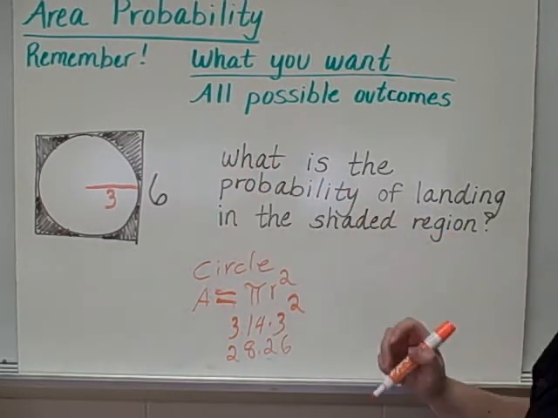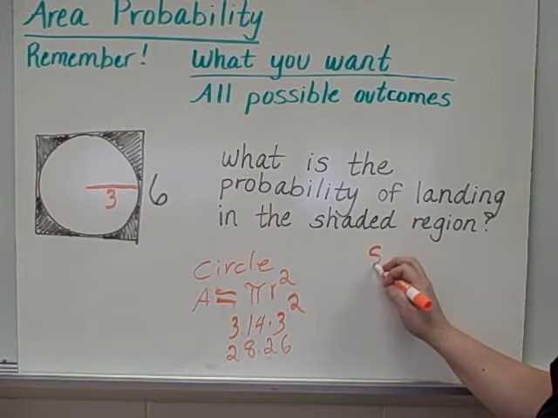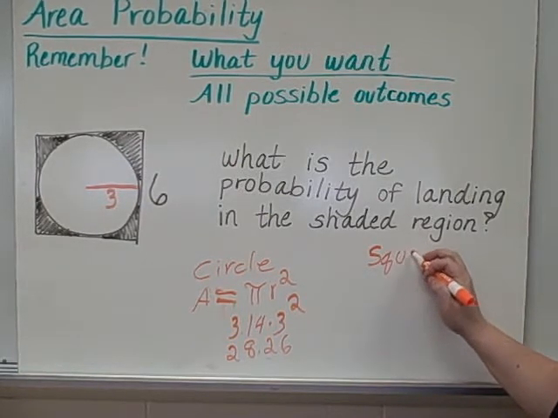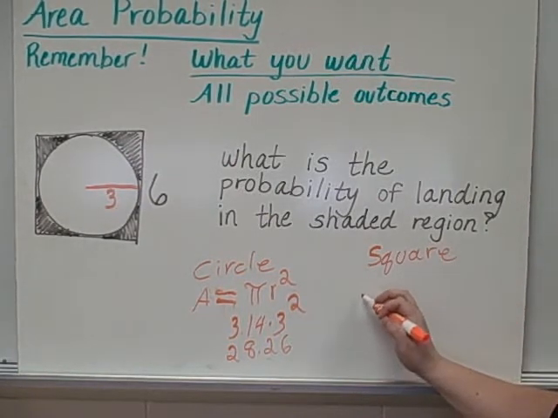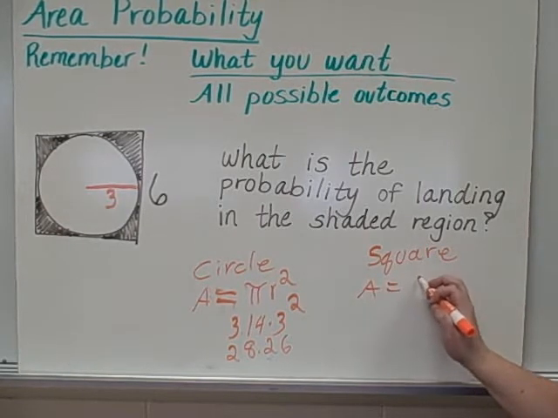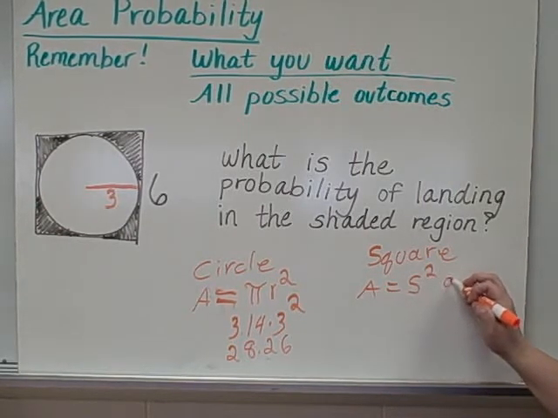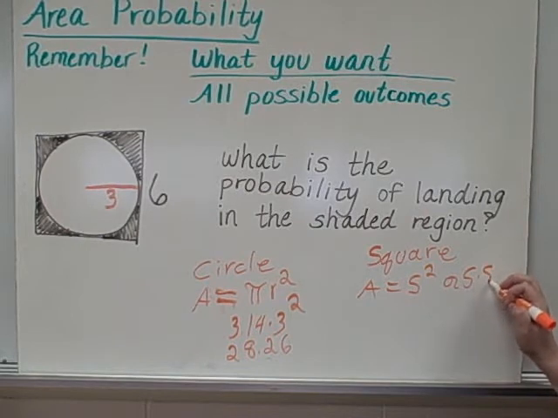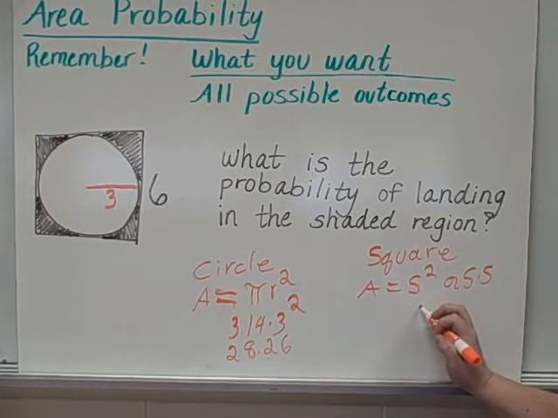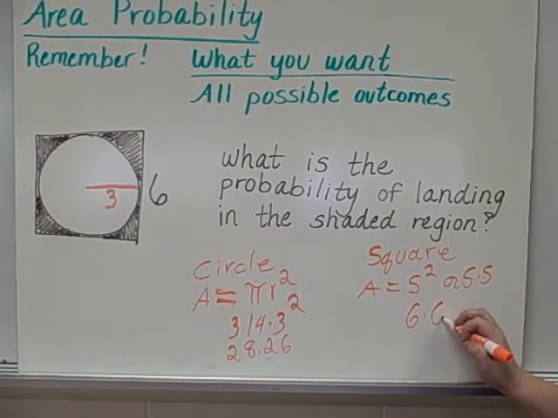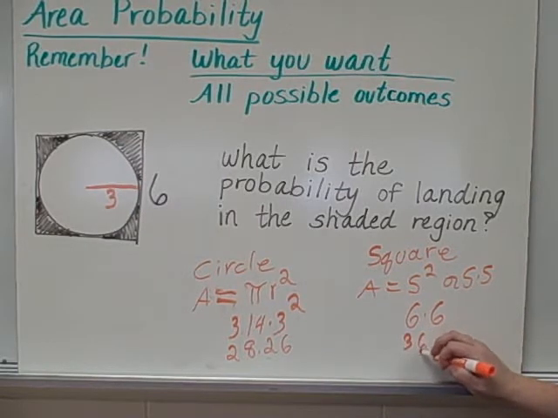Now the area of a rectangle or square is side squared, or side times side. So that's 6 times 6, which is 36.